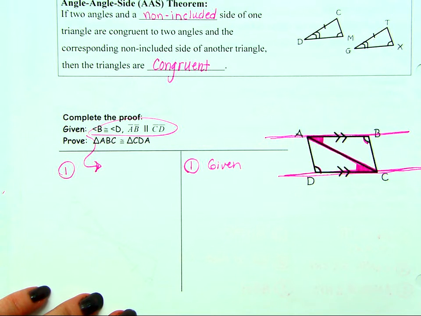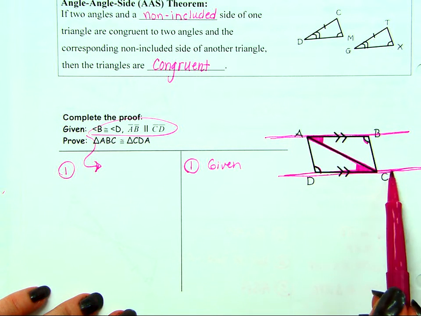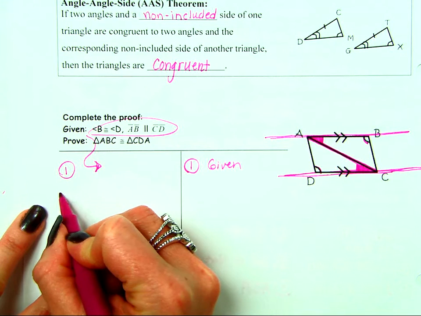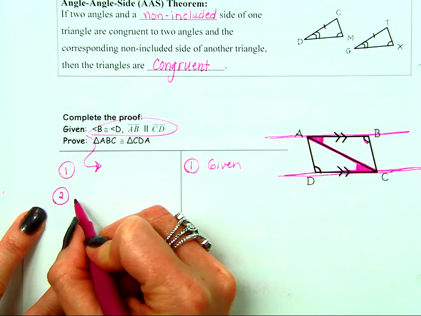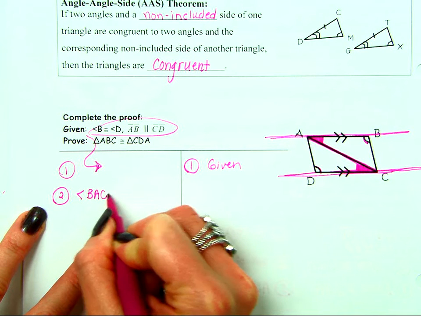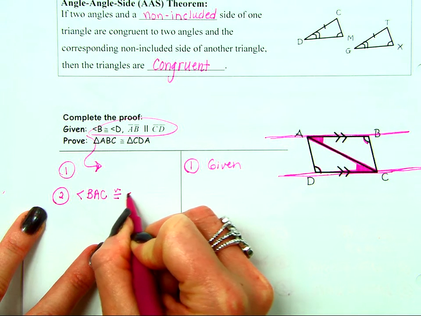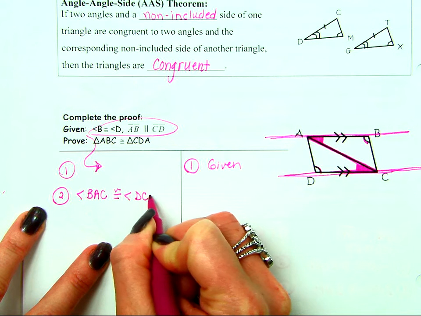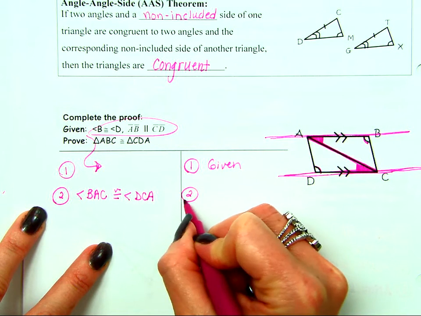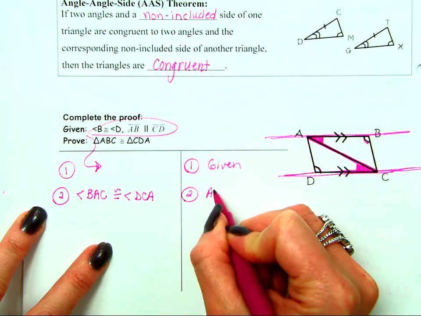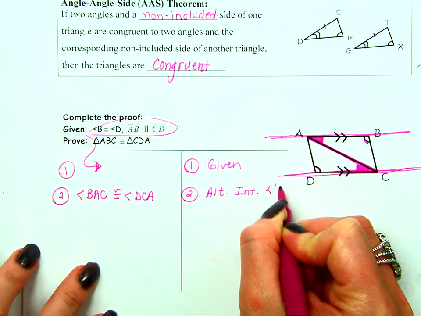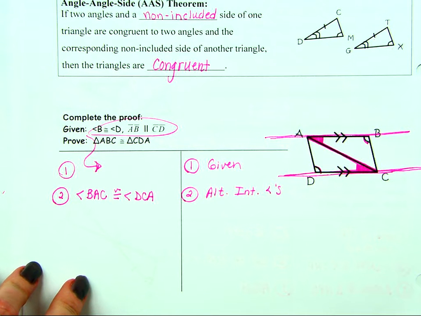Your alternate interior angle needs to touch your parallel line and your transversal. So when I go ahead and mark those congruent, I need to make a statement about it in my proof. I'm going to say that angle BAC is congruent to angle DCA. How do we know they're congruent? Well, because of my parallel lines, the alternate interior angles theorem says that they are going to be congruent.